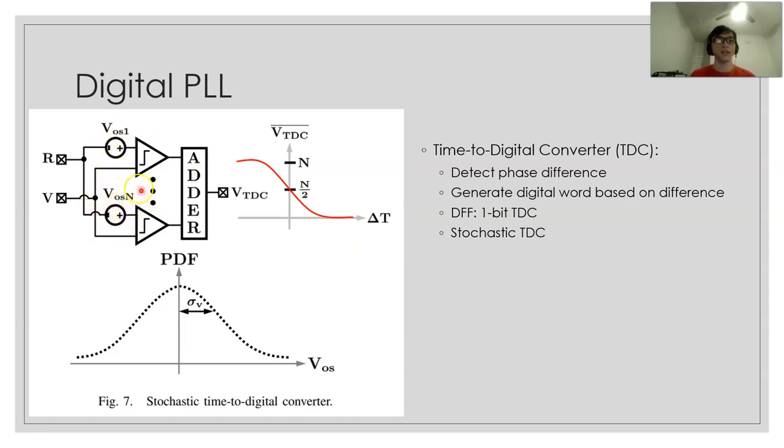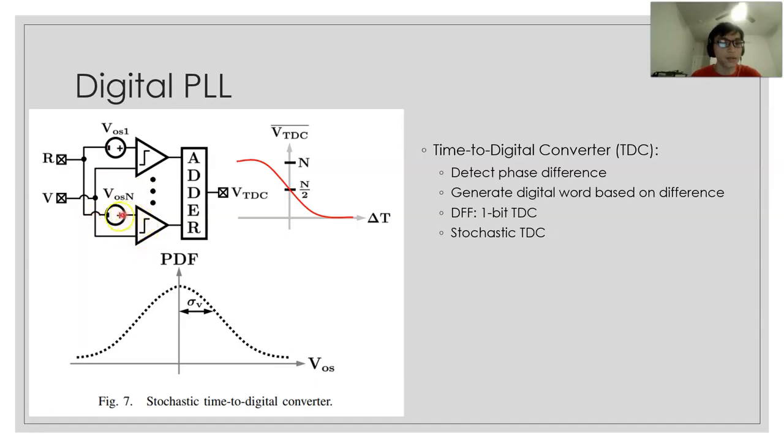They represent an additional offset voltage, and the value of that offset is normally distributed like the graph here with a mean of 0. The offset voltage is designed such that applying this voltage will create a proportional delay in the signal.